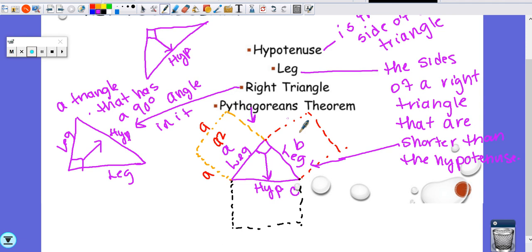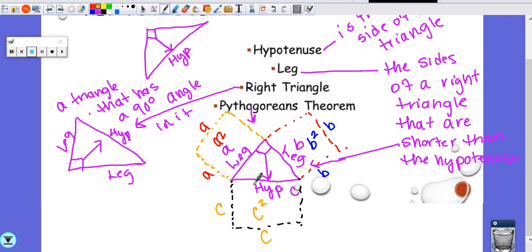If this side is B, then B times B is B squared. And if we've called this side C, then C times C is C squared.